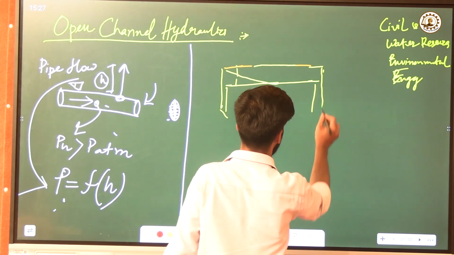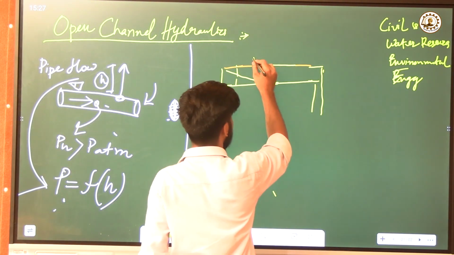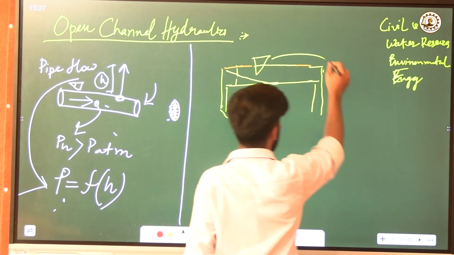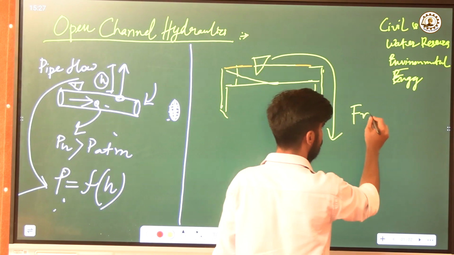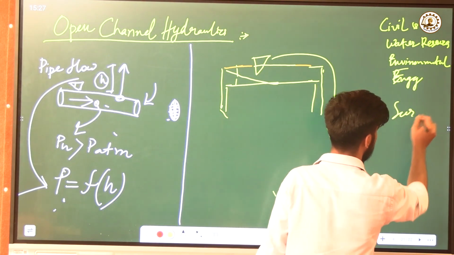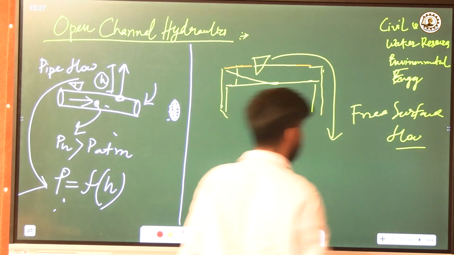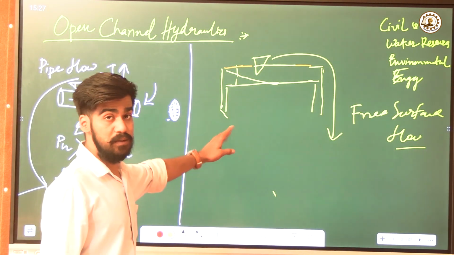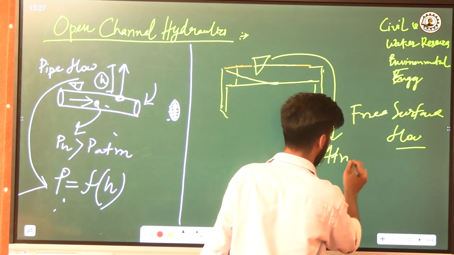Now in this water surface, this is mostly a free surface flow. You can see this is a free surface flow. Now in this flow, the pressure subjected to the water surface is nothing but the atmospheric pressure.